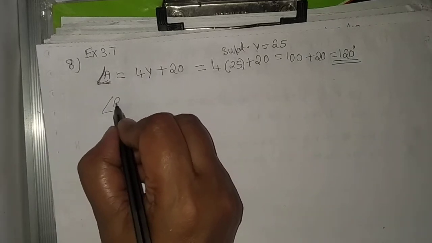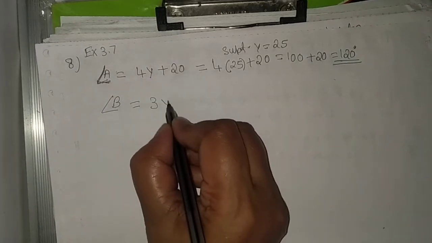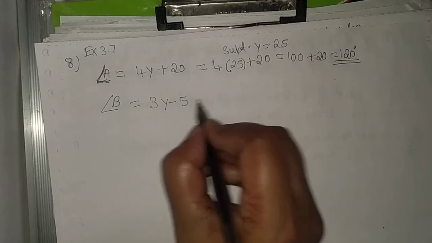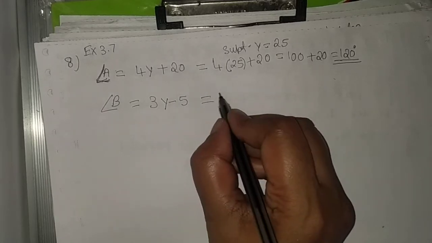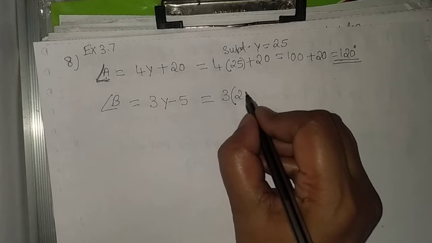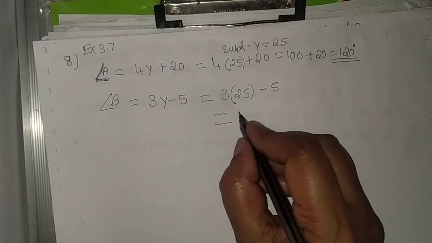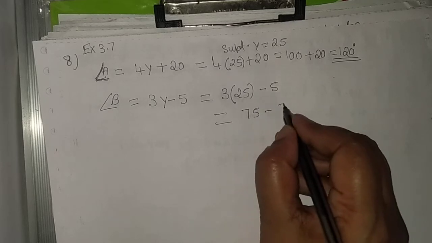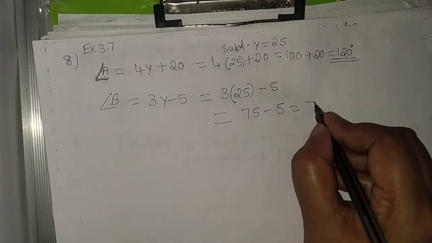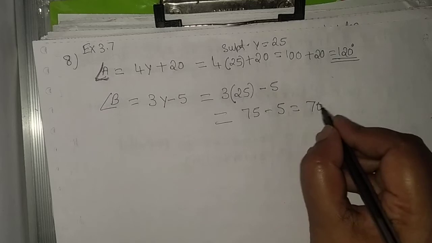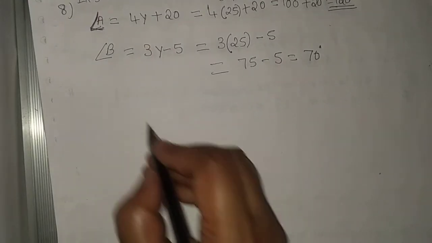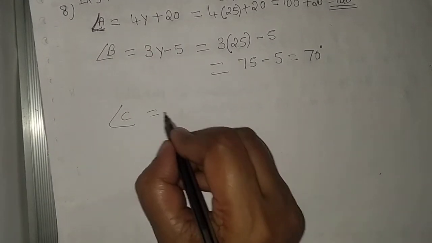Now what is the angle B? The expression given for the angle B is 3y minus 5. Substitute y is 25: 3 into 25 will become 75, minus 5 is equal to how much? That is 70 degrees. Next for C, what is the expression given?